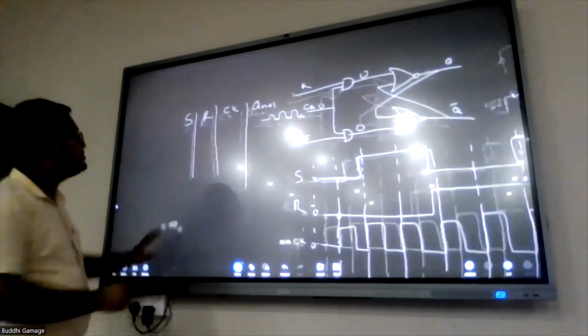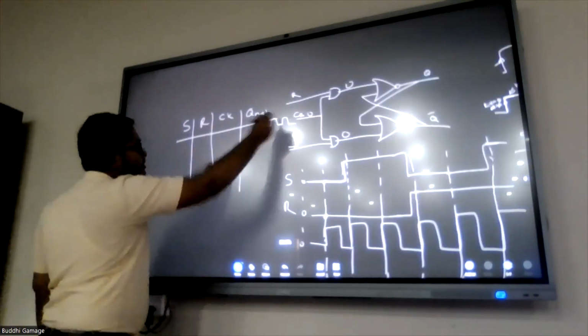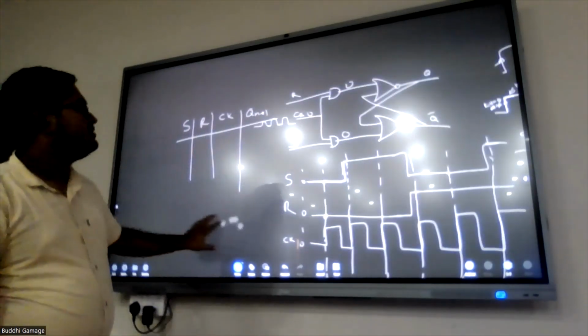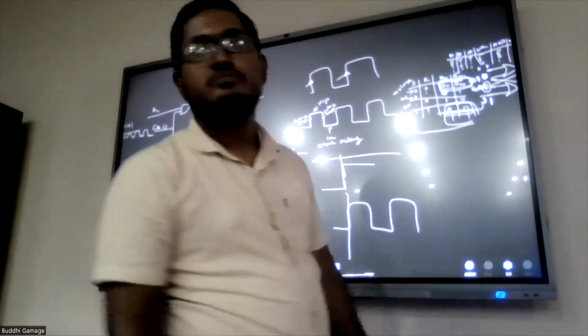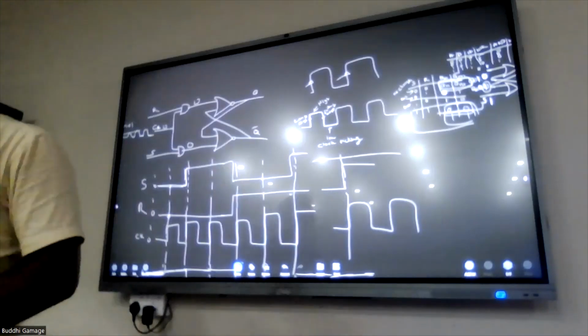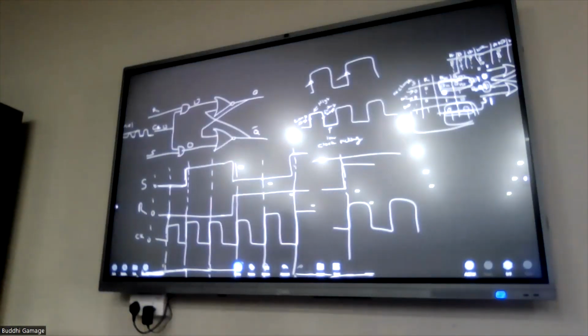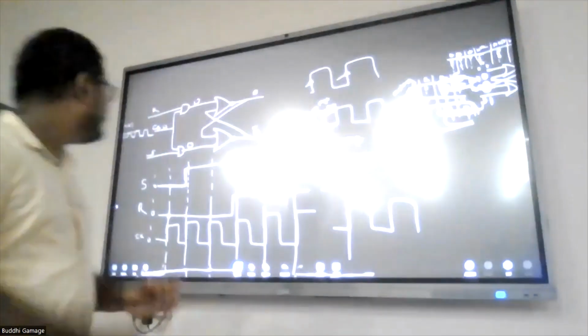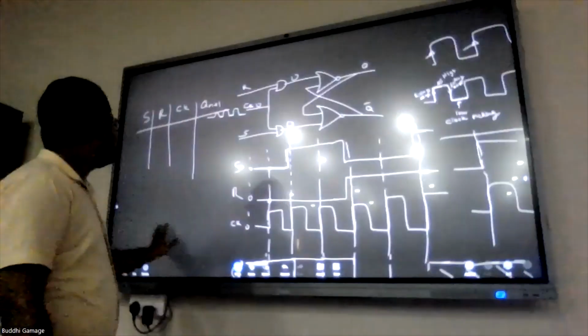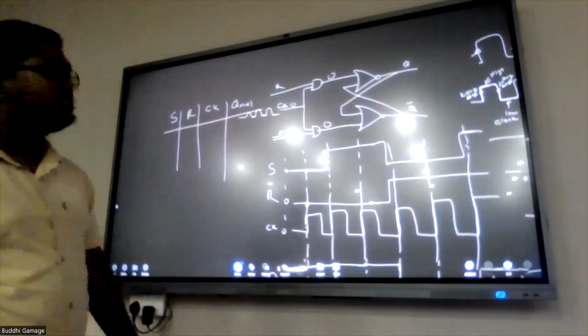So try to draw this truth table based on this one. So there should be 8 occurrences. And it's enough for you to mention only the Q(n+1). You don't need to mention Q(n).